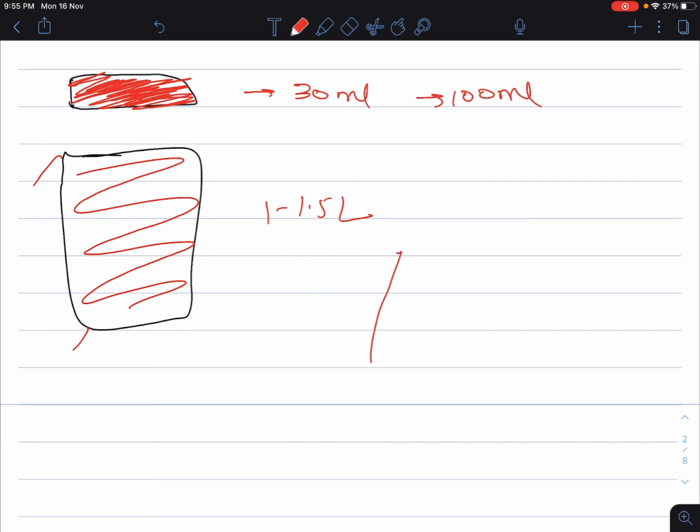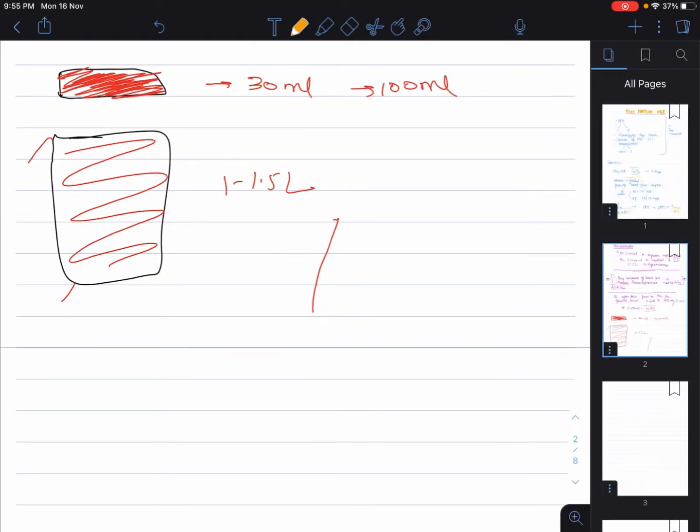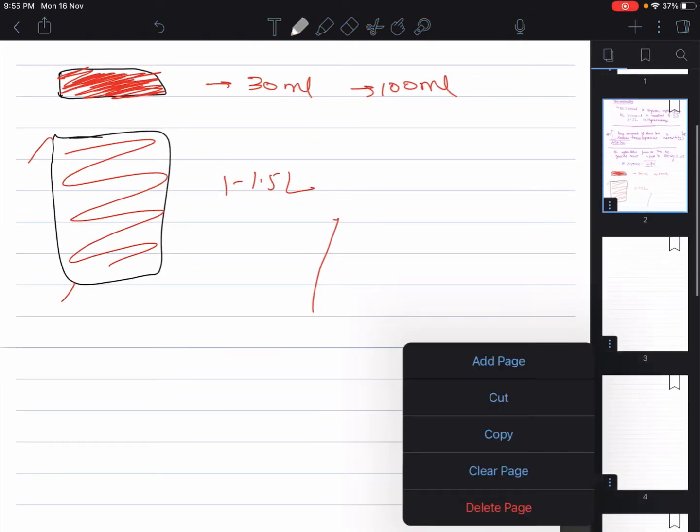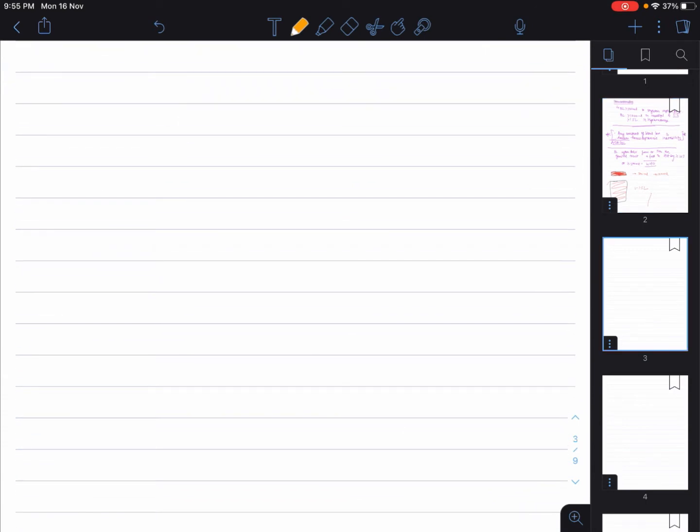So now that we have gone through this, I would like to discuss with you what is primary and secondary PPH, right? As we all know, primary PPH is within 24 hours of delivery.